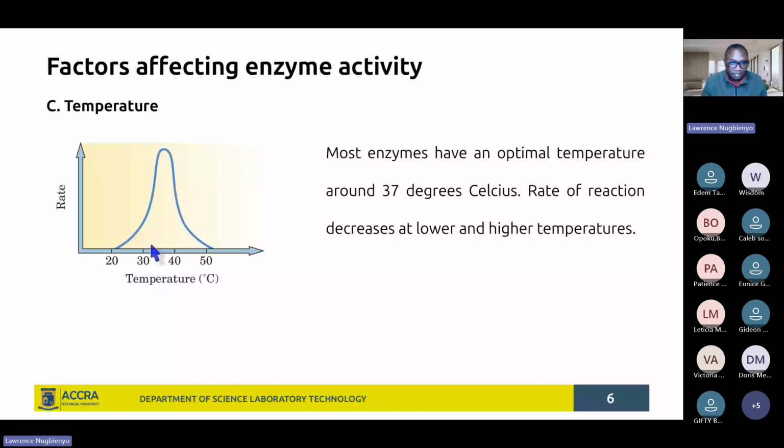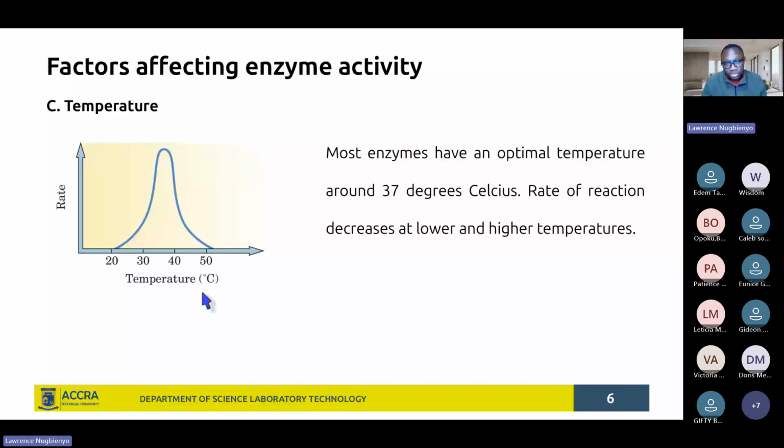And generally, in many organisms, physiological temperatures hover around these 37 degrees Celsius, except for maybe some thermophilic bacteria living in the deep sea that can live in conditions even up to 100 degrees Celsius.